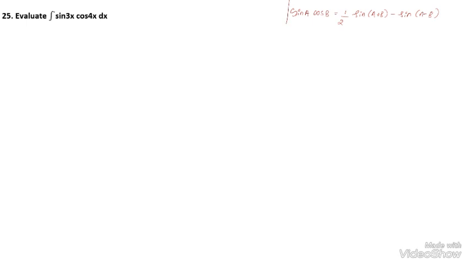By using this result, we can solve the integration. Here, I write the integral of sin 3x as A and cos 4x as B. By using the property, I can write 1 by 2 of sin of 3x plus 4x minus sin of 3x minus 4x.